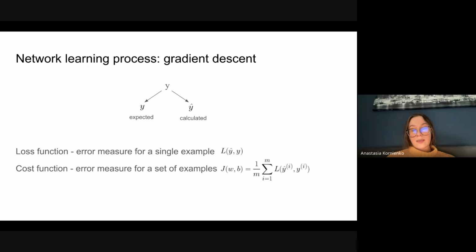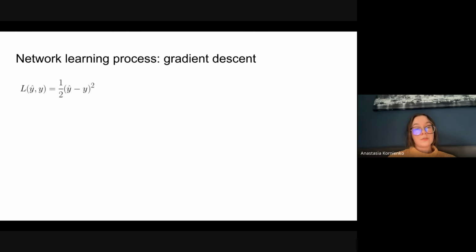Let's take a look at the definition of the loss function. Usually, when we talk about error, we can use root mean square. It's the difference between the calculated and expected value, squared and divided by 2.